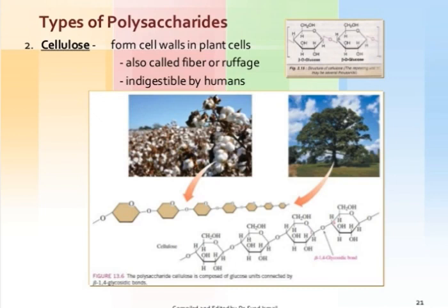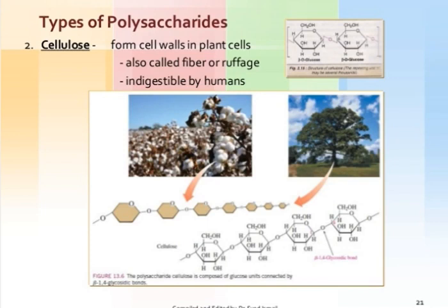It is found associated with other structural substances such as lignin. It has some properties: it is fibrous, tough, white, solid and insoluble in water. It lacks sweetness and does not give any color with iodine.